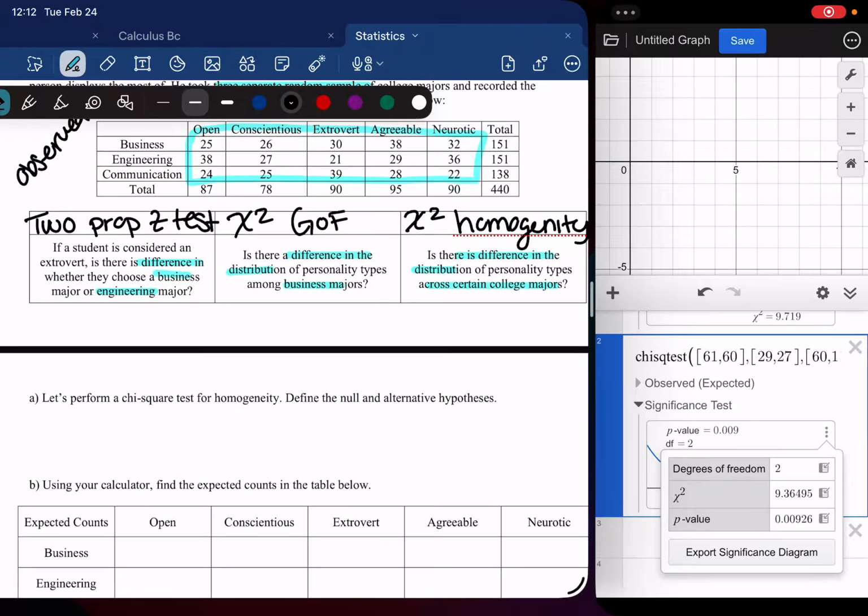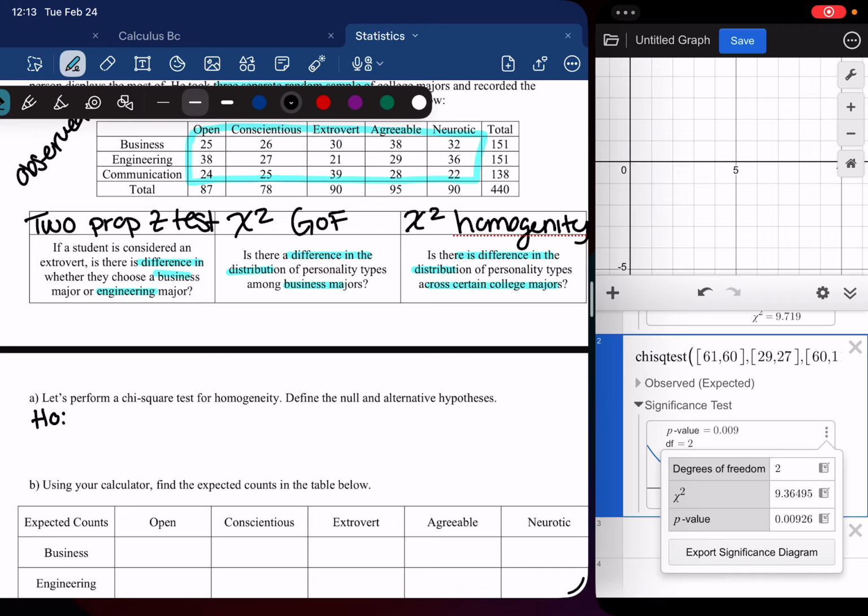Okay, the first question here says, let's perform a chi-square test for homogeneity. So it tells you right away what it wants you to do. It says to find the null and alternative hypotheses. So think back to your notes from yesterday, since that's when we did homogeneity. When we write these hypotheses, we're always going to write a what? A sentence, right?